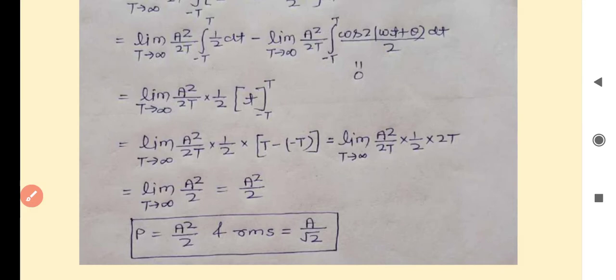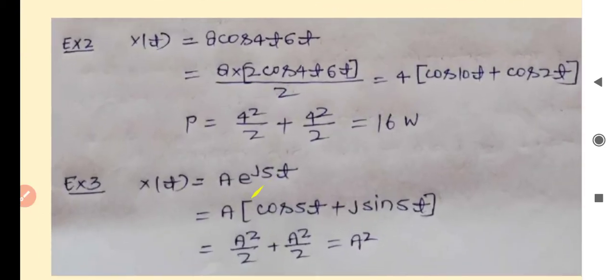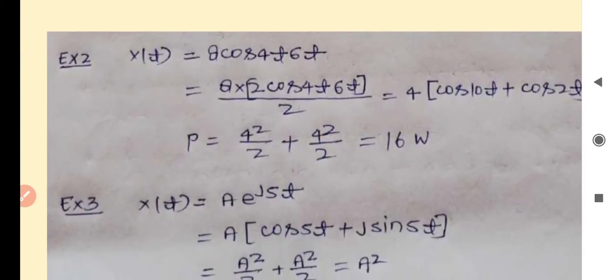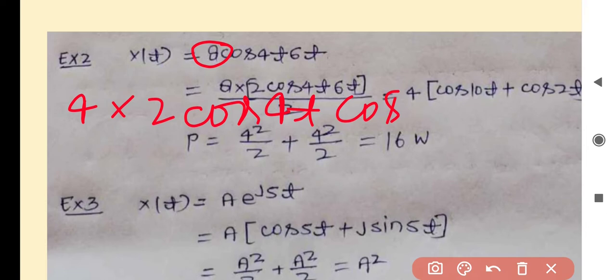Now move to the next slide. Here a signal is given, 8 cos 4t into cos 60. Instead of writing 8, I will write 4 into 2, so 4 into 2 cos 4t into cos 60.